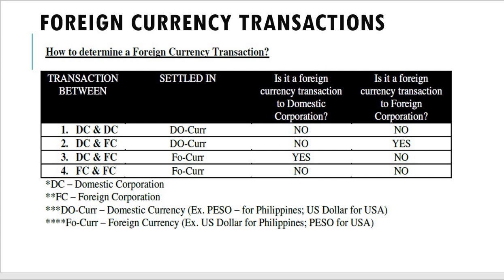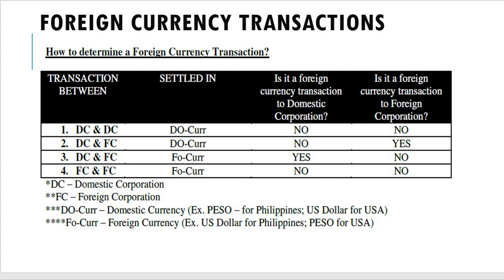Also, if it's a transaction between a domestic corporation and a foreign corporation, pero ang settlement is in peso or domestic currency, it is not a foreign currency transaction from the perspective of the Philippine firm, the domestic corporation, kasi nga it is to be settled in our currency, the Philippine peso. So, walang gain or loss.